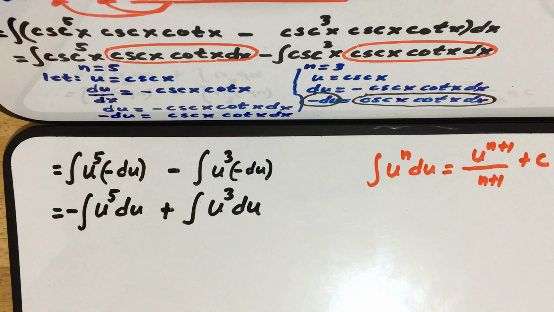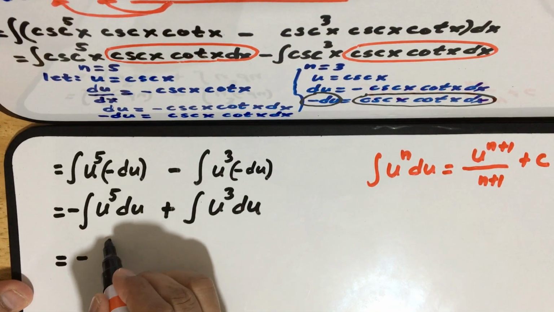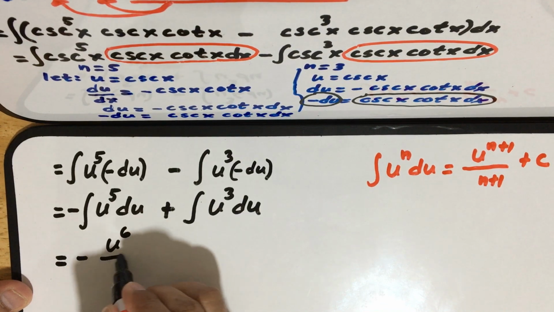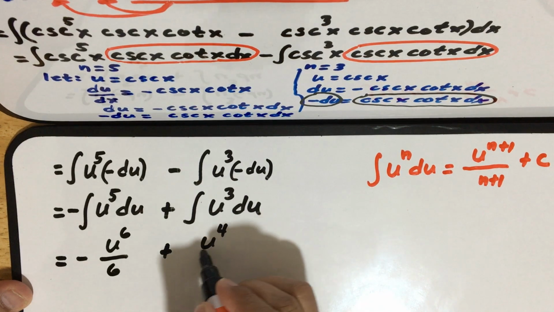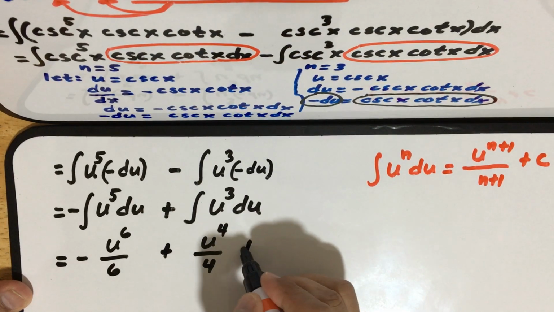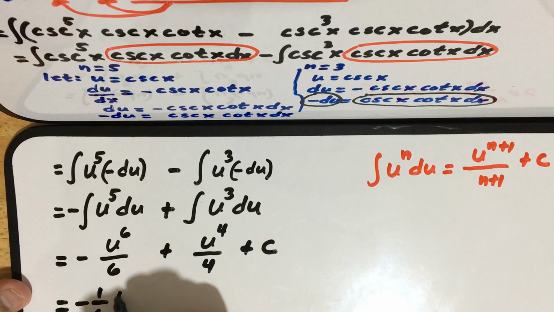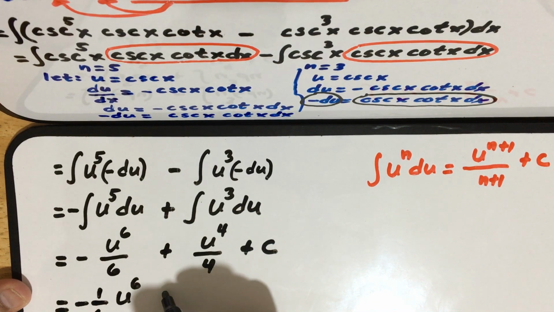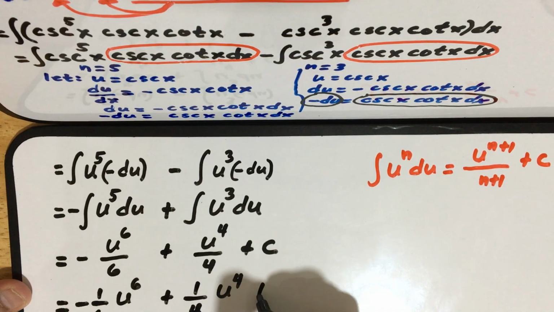Using the power formula, this is now minus u to the sixth power divided by 6 plus u to the fourth power divided by 4, then plus c. Or we can write this as negative 1 over 6 times u to the sixth power plus 1/4 u to the fourth power, then plus c.